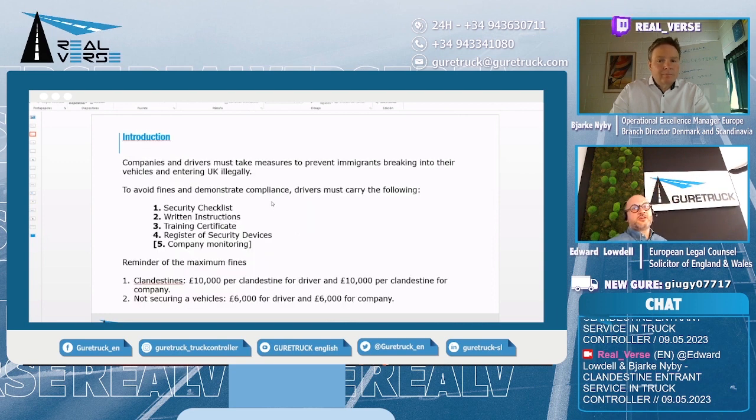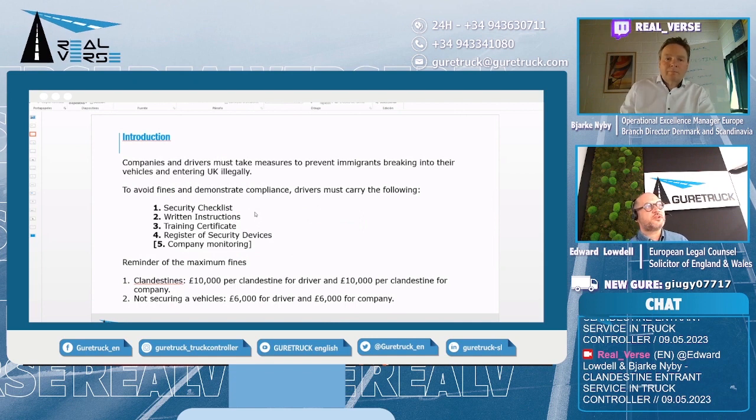Okay, as a little introduction, transport companies and their drivers are required by English law to take certain measures to prevent immigrants breaking and entering into their vehicles and entering the UK illegally. So they need to do this to avoid fines. And the system is comprised of 4 or 5 elements.